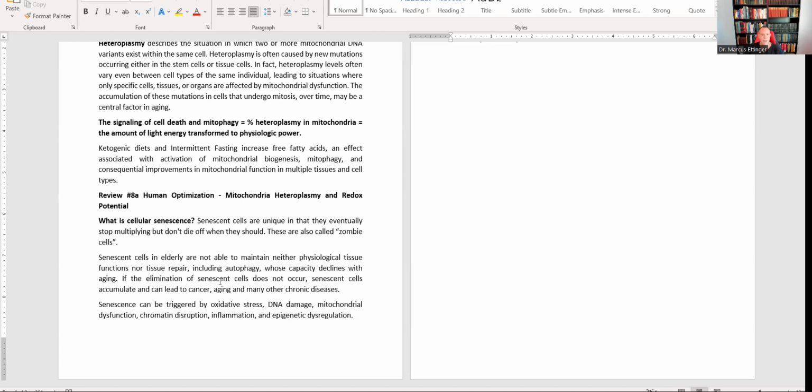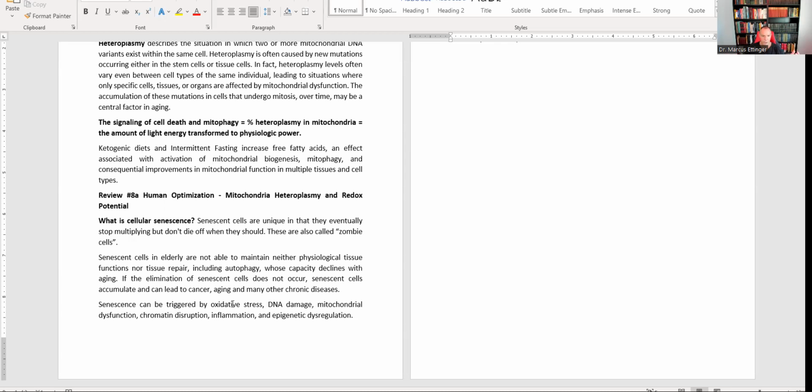If the elimination of senescent cells does not occur, senescent cells accumulate and can lead to cancer, aging, and many other chronic diseases. Now, senescence can be triggered by oxidative stress. So we're going to get a little bit deeper here when we get into the journals, but there's only two chemical reactions in chemistry.